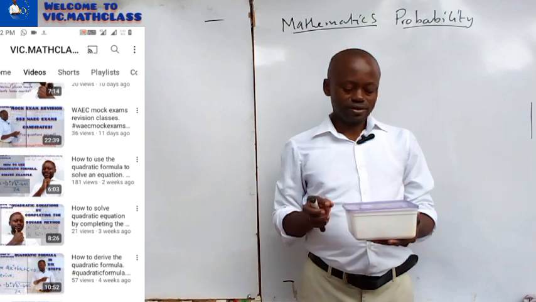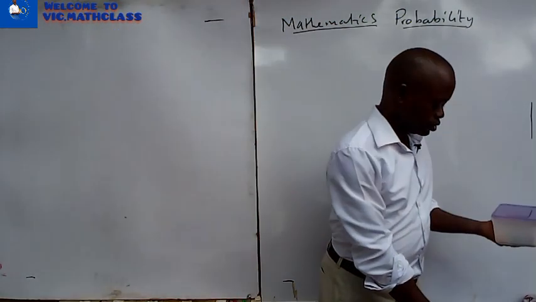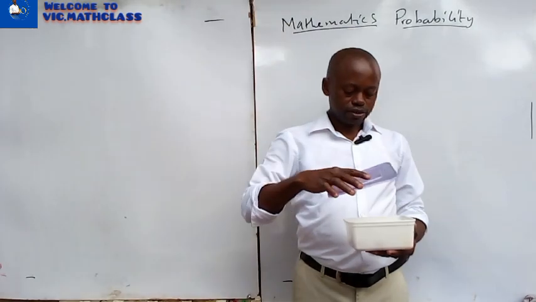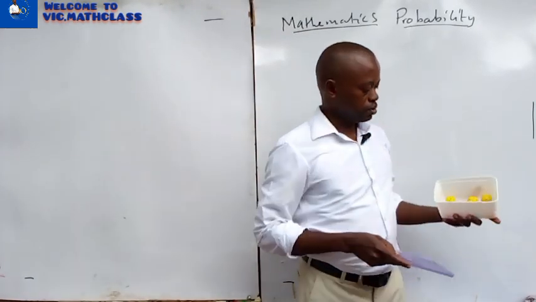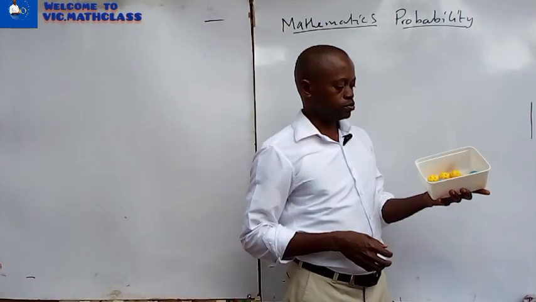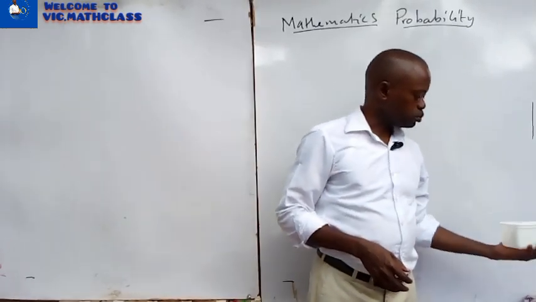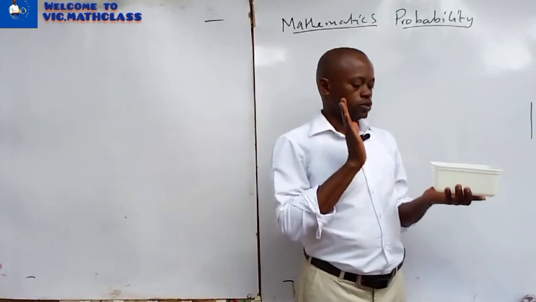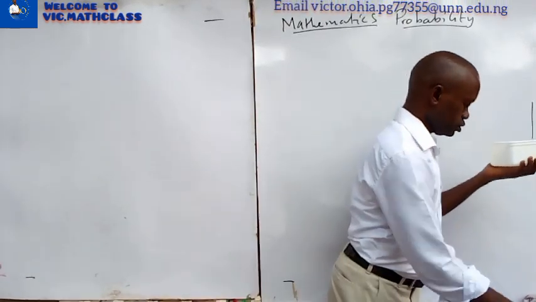Do we get that? Take for instance, if you look into this box I have in my hand, you can see inside this box. Let me empty it here and then replace as you watch me. You see, this box is empty.